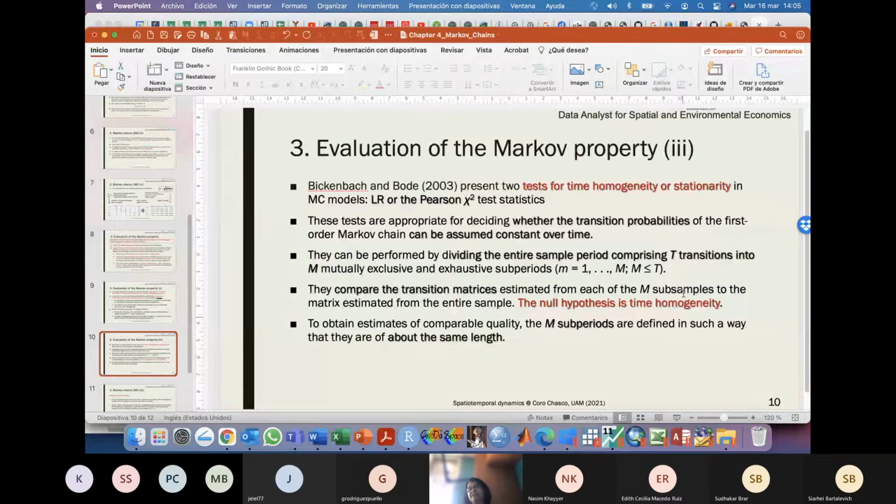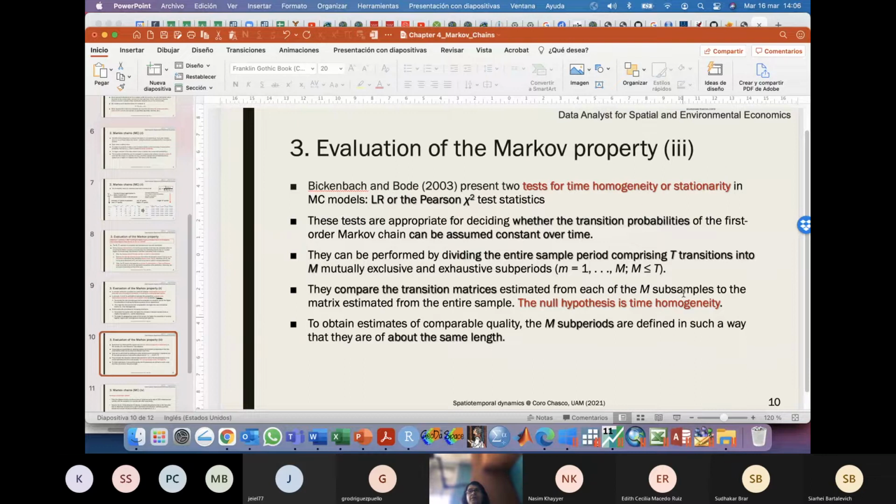So it is like a Chow test. In the Chow test, you have a kind of F test that considers the errors estimating the model for the whole time span, or subdividing the time span into 2 subperiods and estimating 2 different models for the subperiods.